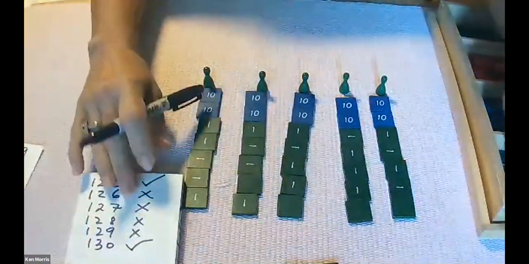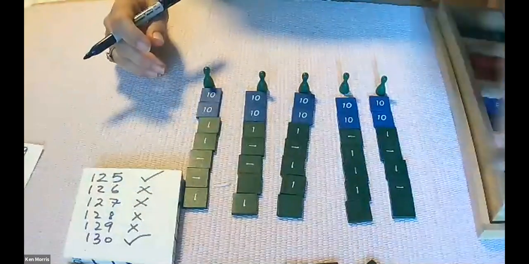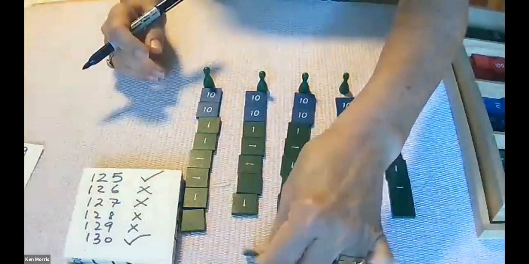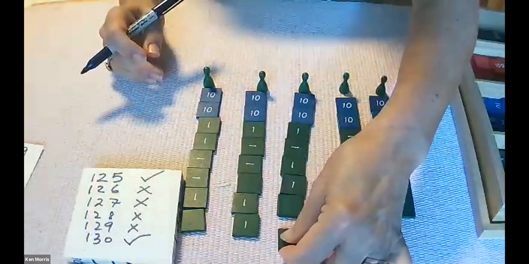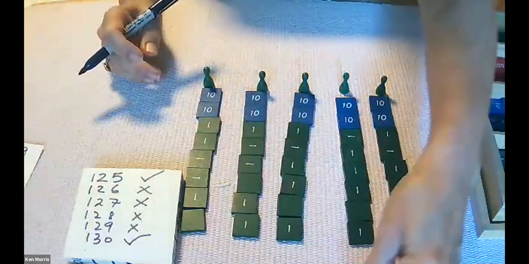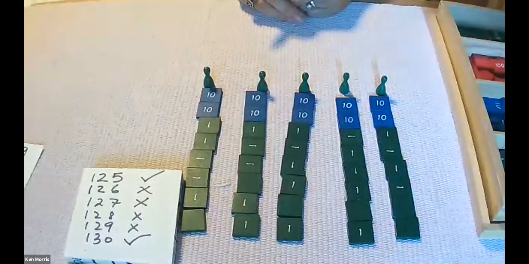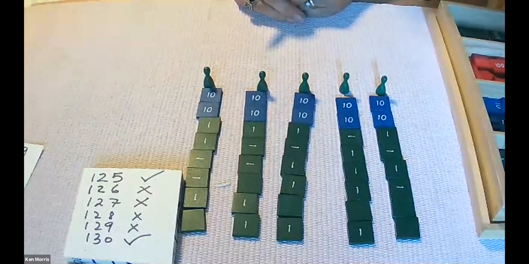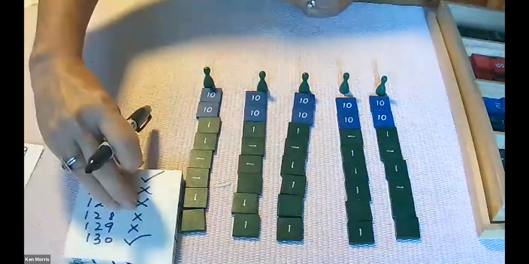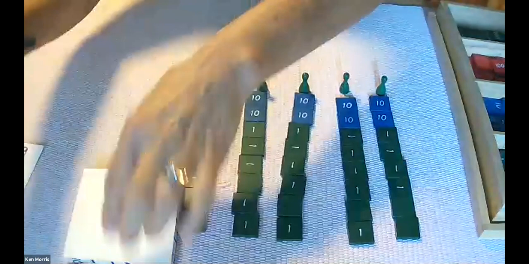So let's go ahead and get there. And then we'll see that in fact, 130 is the first number after 125 that is divisible by 5. At this point, the children again will be raising their hands.